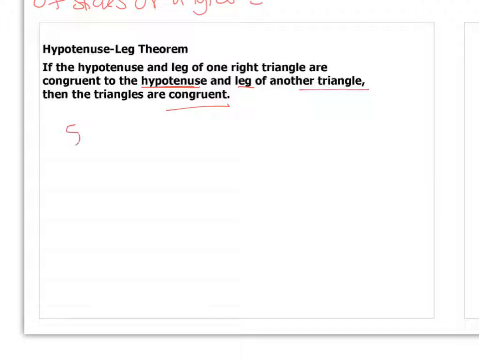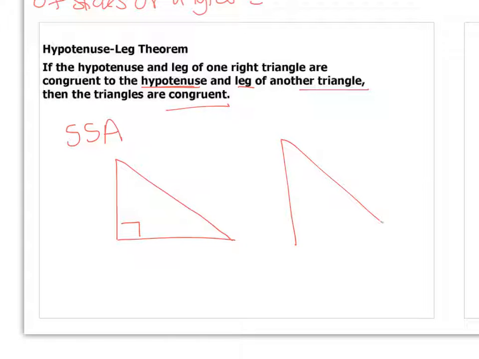This is really your SSA situation, but it only happens in right triangles, so let's draw a triangle. If I have two congruent triangles, and they both have right angles, so they're right triangles, in this case your angle is always 90 degrees for this SSA case.